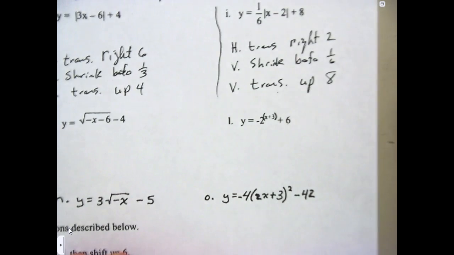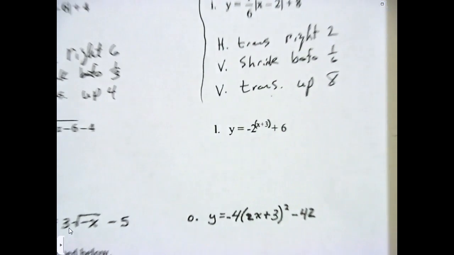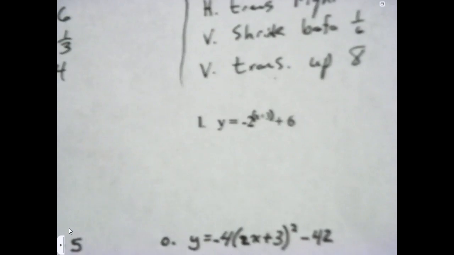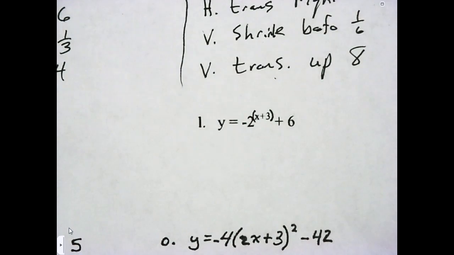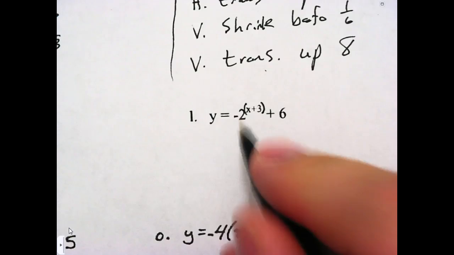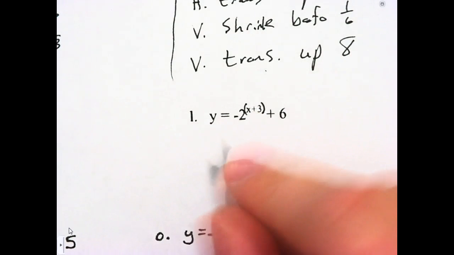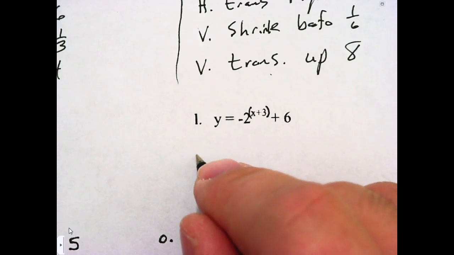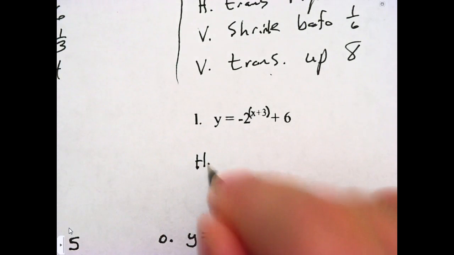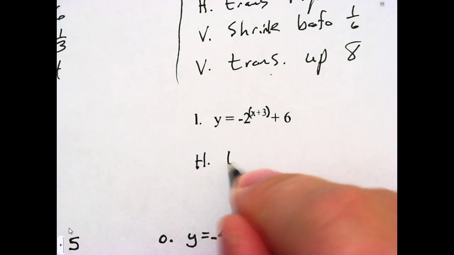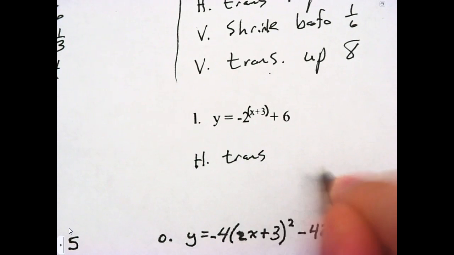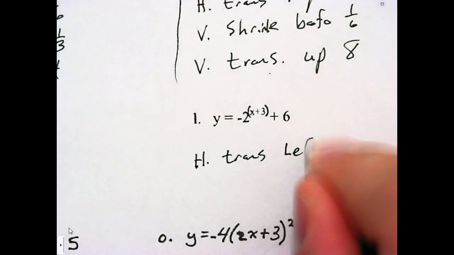It's up in that power position. The 3's up there with the x. That means it's coupled with the x. So if I'm adding 3, what is that? That means it would be a horizontal translation. Good. Left 3. And then what do I deal with?